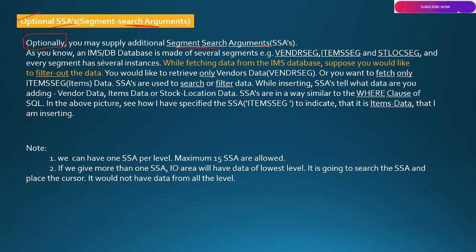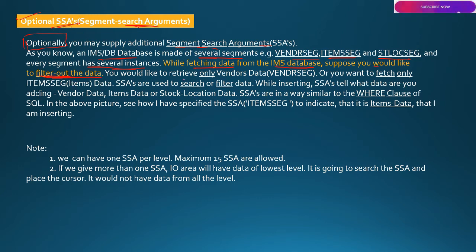As you know, an IMS database is made of several segments like vendor segment, item segment, and stock location segment, and every segment has several instances. While fetching data from the IMS database, suppose you would like to filter out the data. Whenever you want to filter the data, you use the SSA.